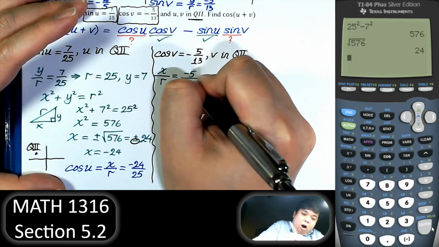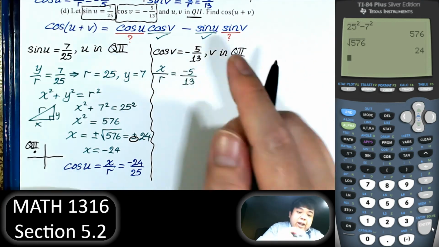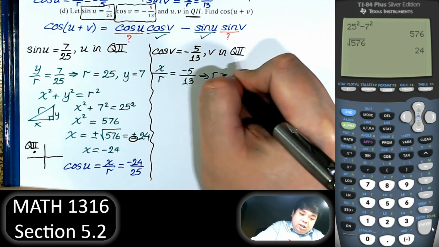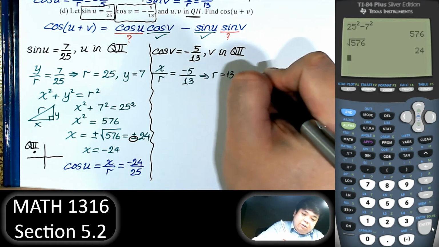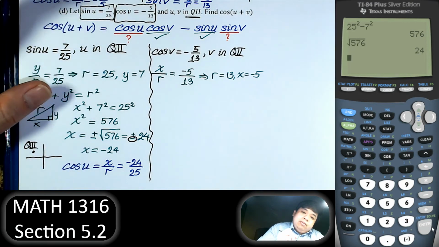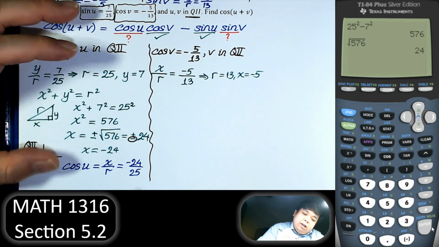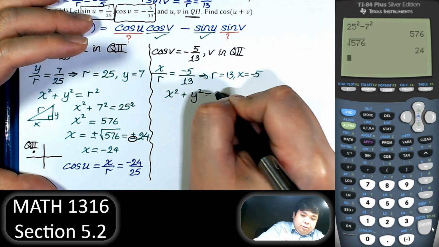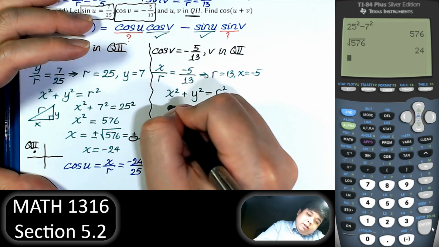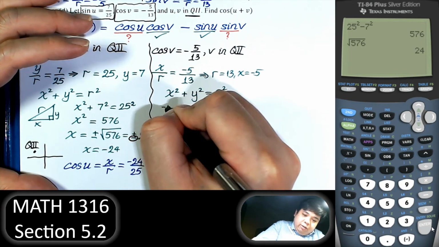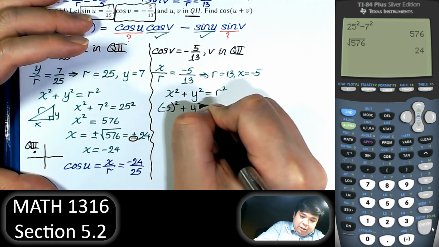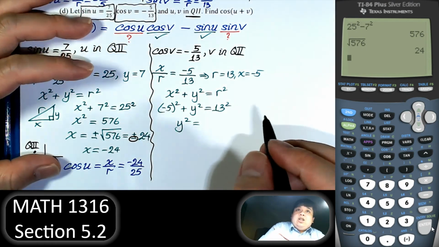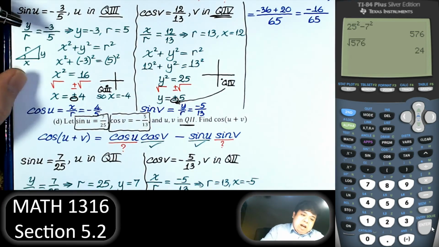Again, r is always positive, so that's why we can just say x is going to be negative 5. So r is 13 and x is negative 5. Right? And then of course the Pythagorean theorem, negative 5 squared, so y squared is 13 squared minus 5 squared. I think we did that earlier.